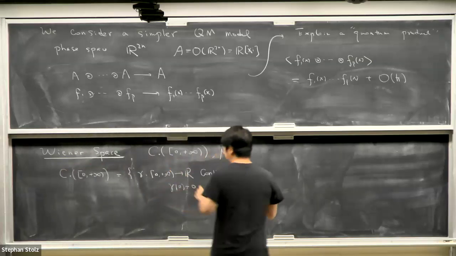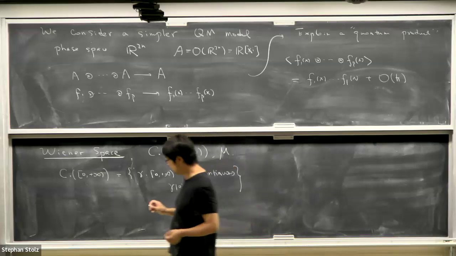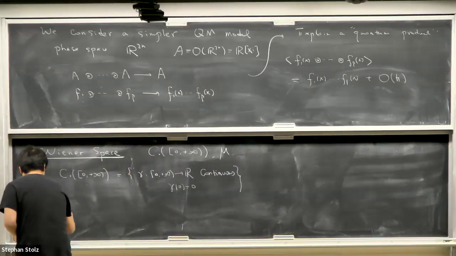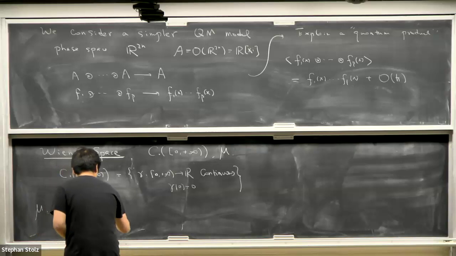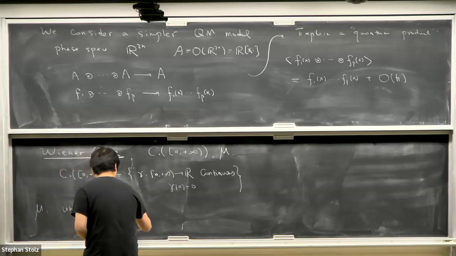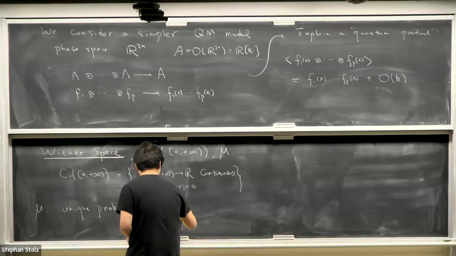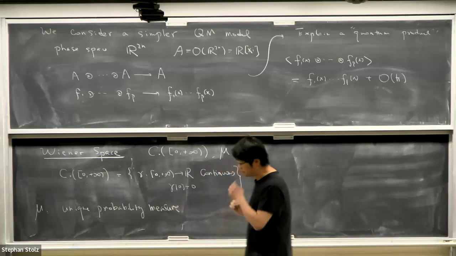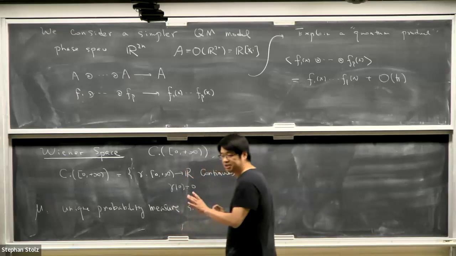On this path space, there's actually a very nice probability measure, mu, the unique probability measure, which is called the Wiener measure, such that it's uniquely determined by the following property.